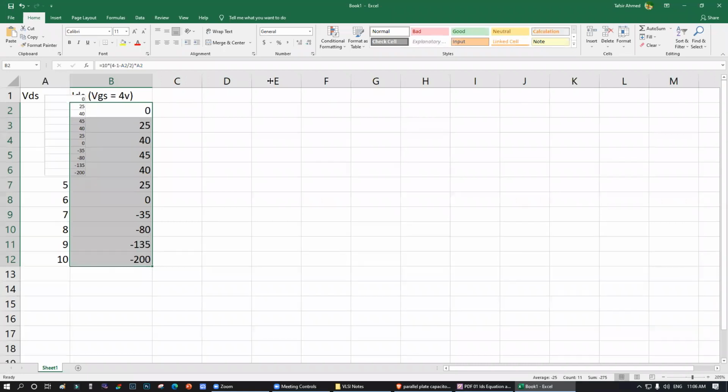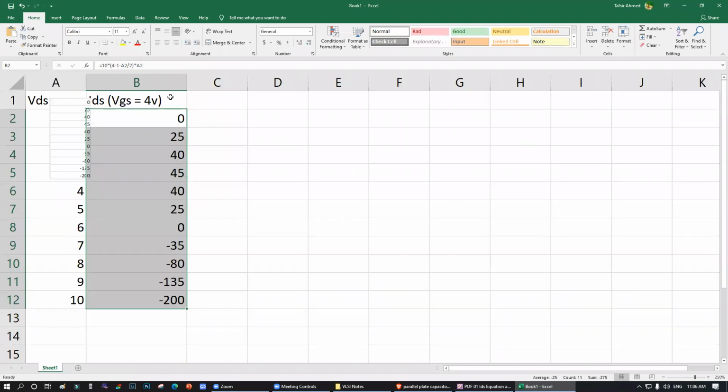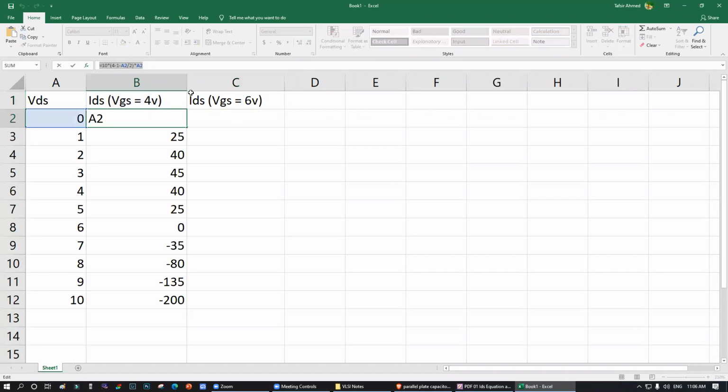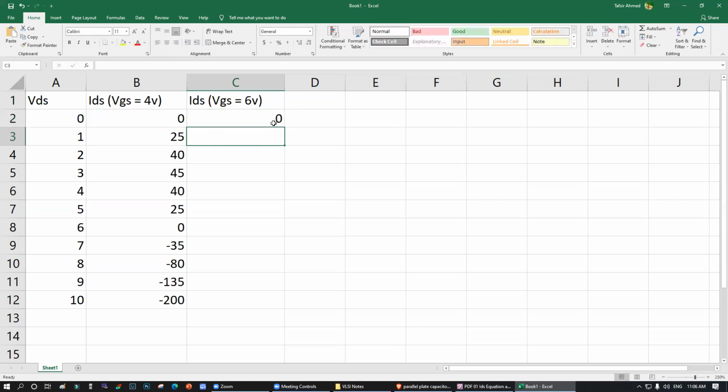Now, for the next case, let's increase the VGS to 6 volt. Let's make it 6 volt. And this equation, let's copy it. Now, here in place of 4, let's make 6.